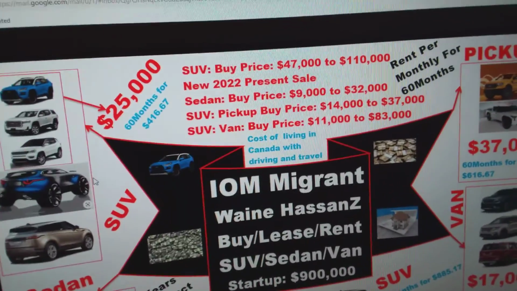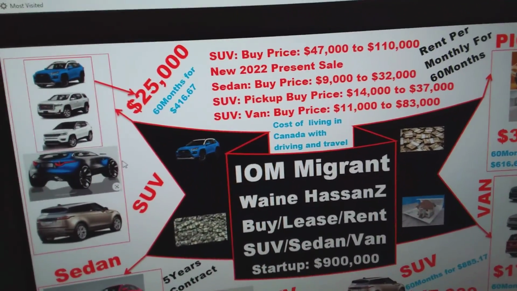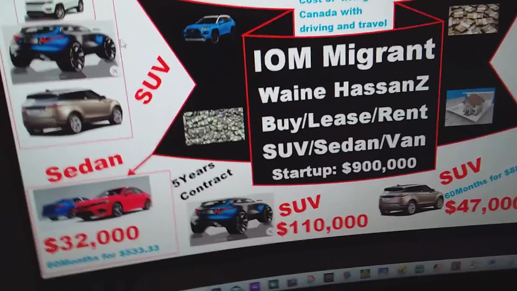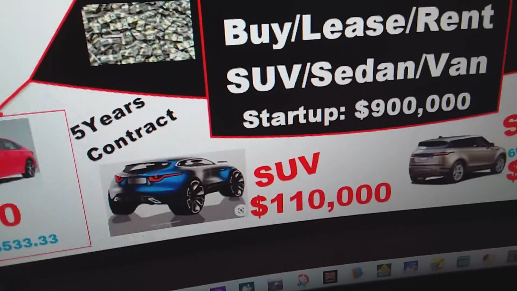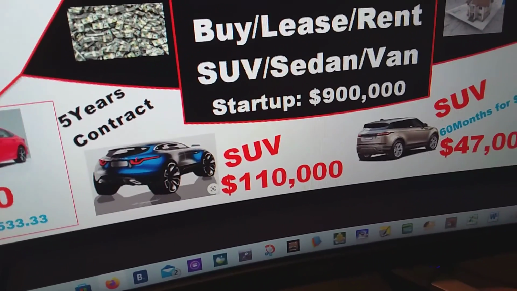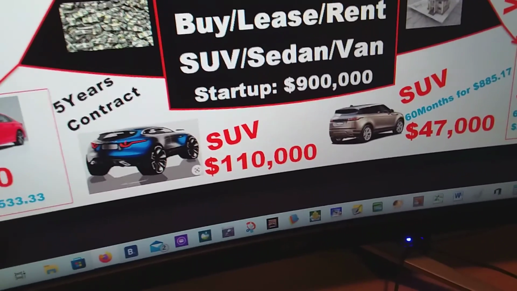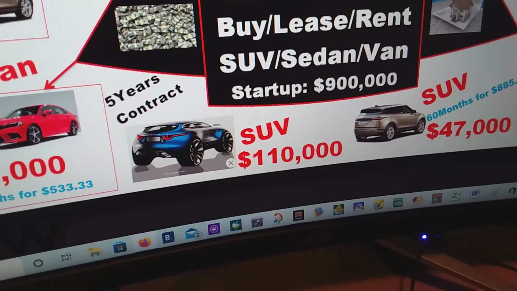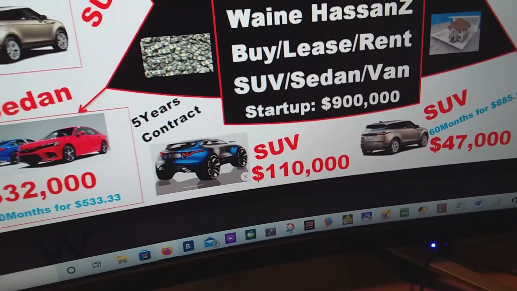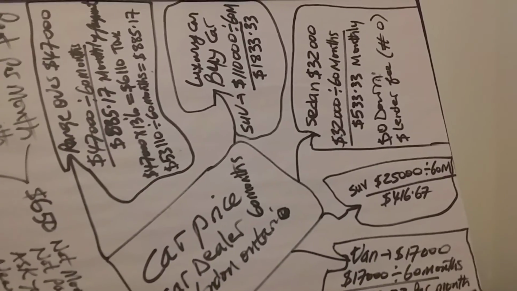For the SUV, the price is there, new. If we take a luxury vehicle on a 5 year contract, that is a 110,000 SUV. You buy the whole vehicle without monthly payment.